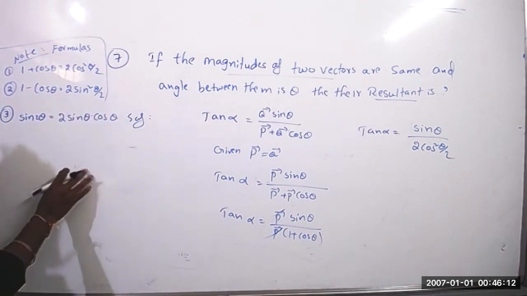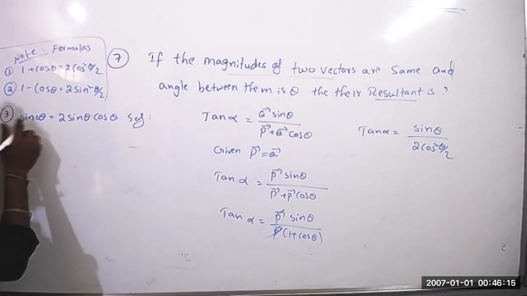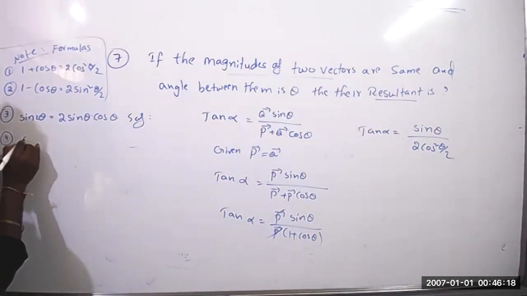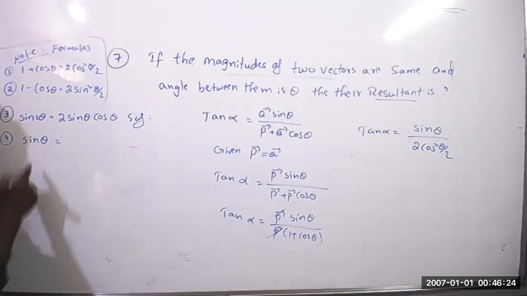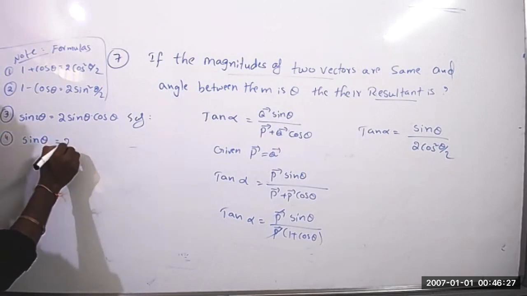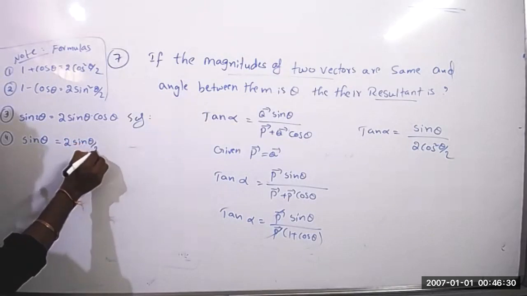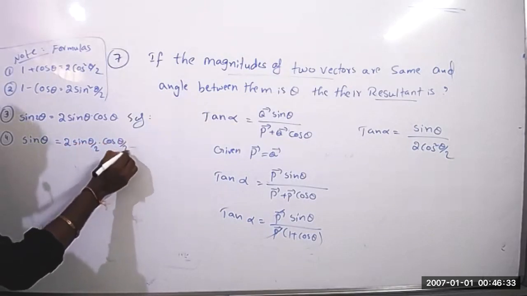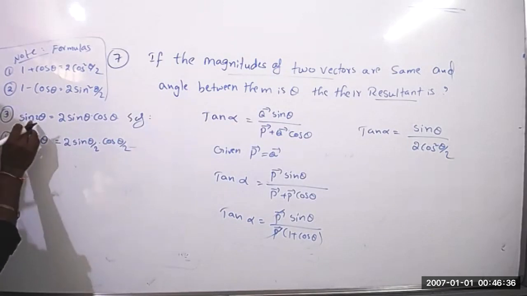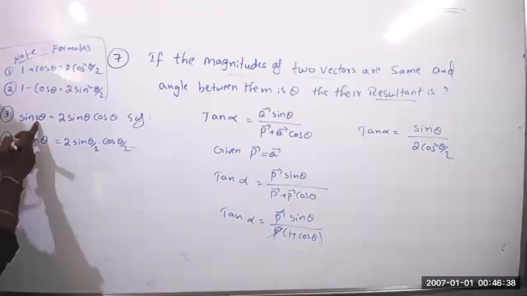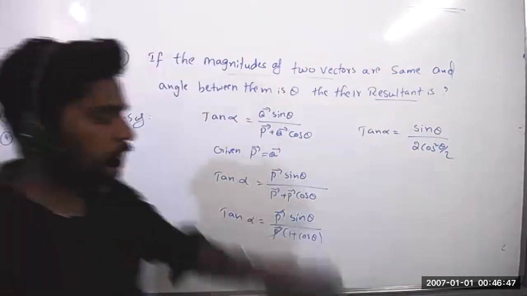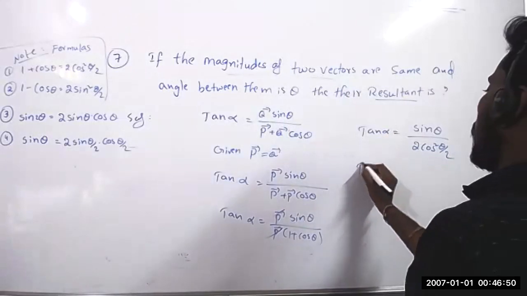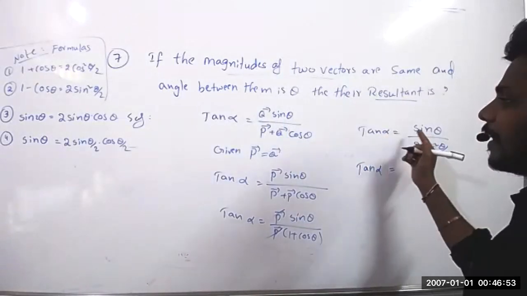Now from here, I will write the fourth formula: sin theta equals 2 sin theta by 2 cos theta by 2. Am I correct? This 2 I sent here as multiplication; if it goes to the other side, it is division. Please everyone understand clearly. Now see, tan alpha equals, come on, sin theta means what can you write?